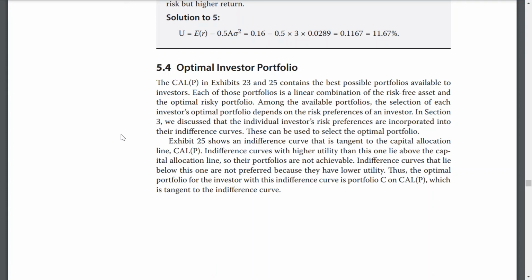Indifference curves that lie below this one are not preferred because they have lower utility. Thus, the optimal portfolio for the investor with this indifference curve is portfolio C on CAL P, which is tangent to the indifference curve.